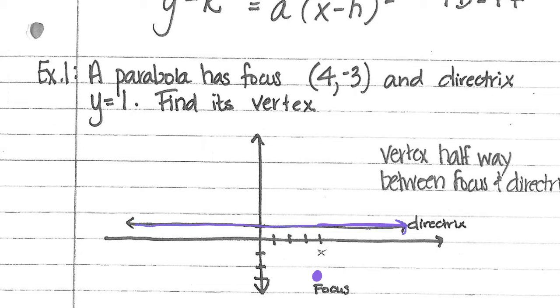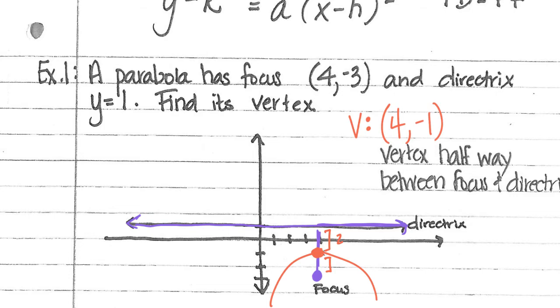So right smack dab in the middle, because these are equidistant, will be our vertex. So I know the vertex in this case will be at 4, negative 1. And remember that the parabola will hug the focus and go away. And this distance, I believe in this case, is 2.